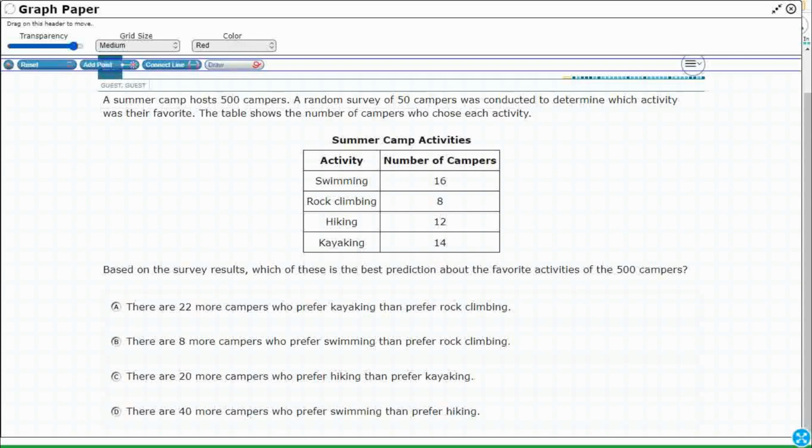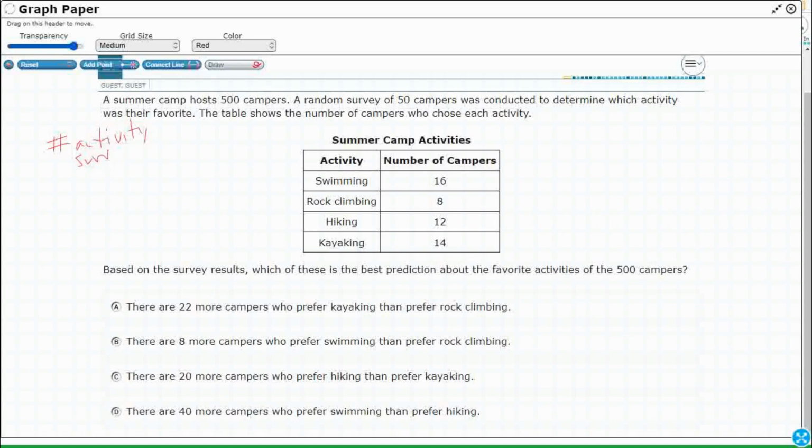And so what we're going to do is we want to take each of these and turn them into a proportion. And let me show you what we're going to look at. So an example of number for the activity in the survey.